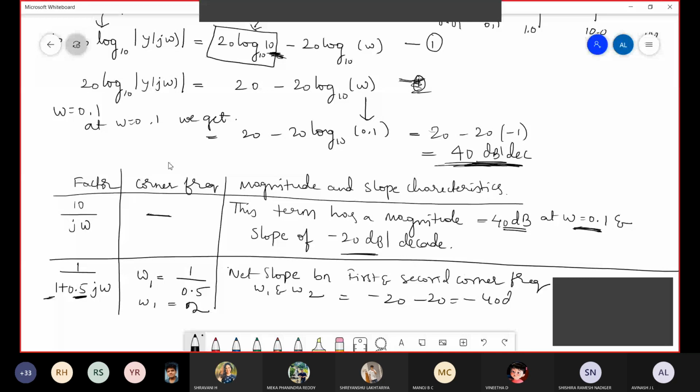So the net slope between omega 2 and above, or omega 2 onwards, since I don't know what the final destination is, is minus 40 already there, plus minus 20, equal to minus 60 dB per decade. Minus 60 dB per decade is the value we get.